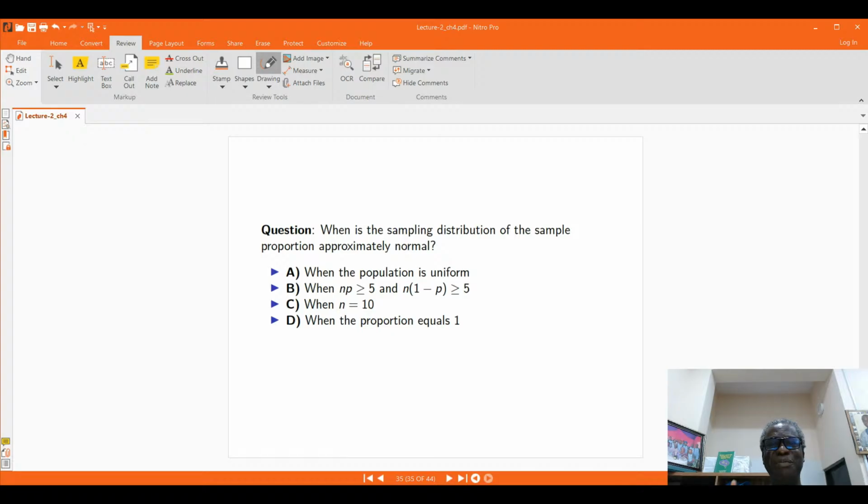B, when the product of the sample size and the proportion of successes is greater or equal to 5, and the product of the sample size and the proportion of failure is greater or equal to 5. C, when n is equal to 10. D, when the proportion equals 1.